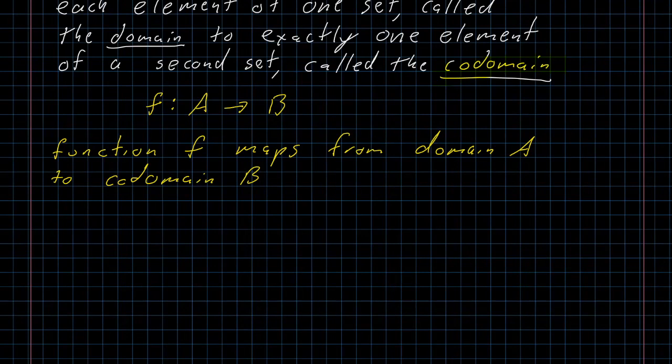This notation tells us that a function which we are calling f maps from a domain which we are calling A to a codomain which we are calling B. Right? So just a very condensed way of explaining all of that information in a very small number of symbols.